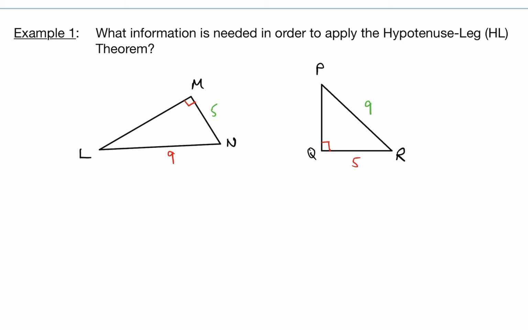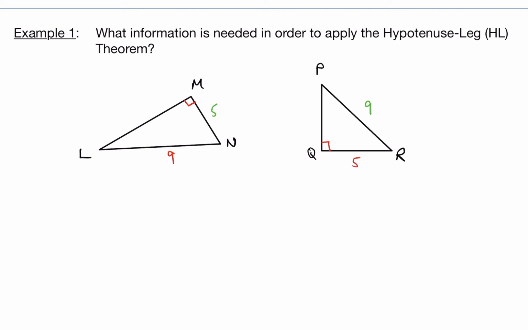So both of those scenarios have to be true. The hypotenuse has to be 9 and the leg has to be 5.